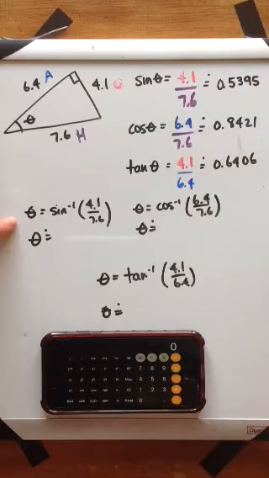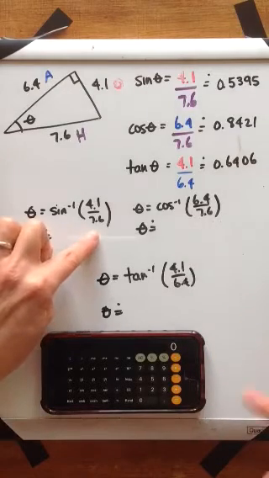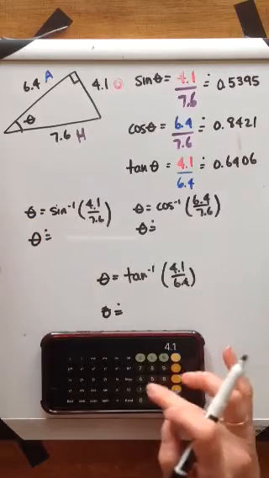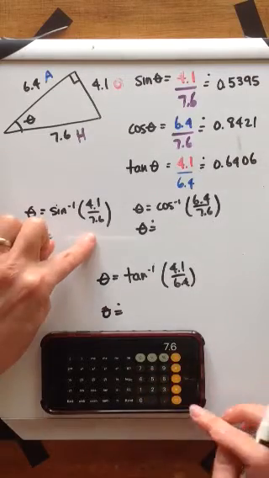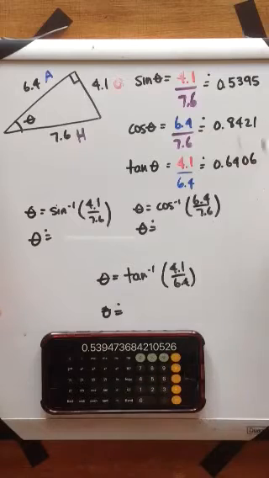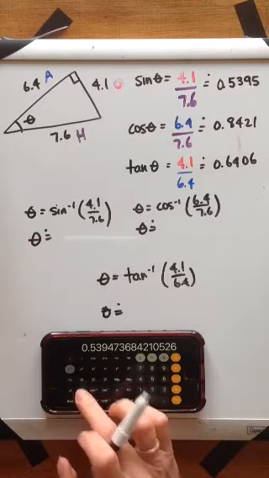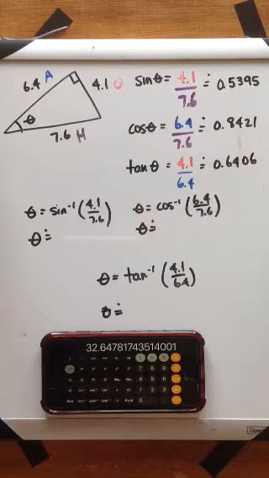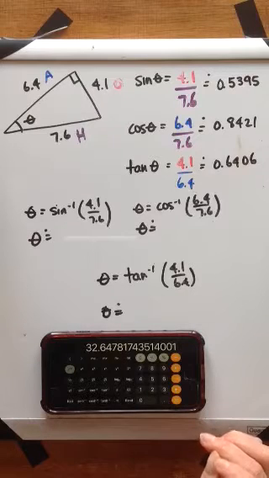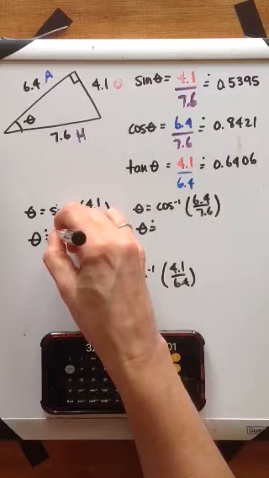So here what I would do is I would have to punch in 4.1 divided by 7.6 first, and I have to hit equals so that it simplifies it to that decimal. I can then take the inverse sine using second function and sine. And it says here that that should come out to being 32.5 degrees.